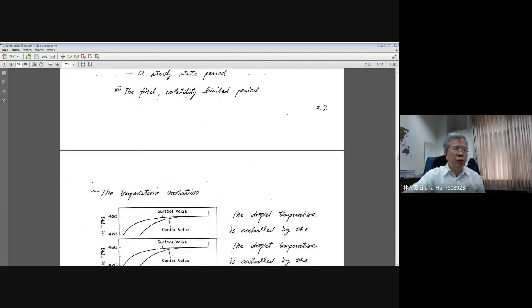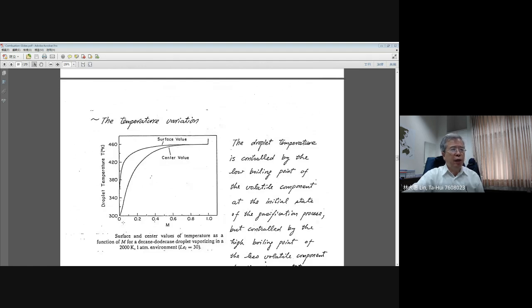But for the temperature, you will find initially the center temperature is low and the surface temperature is high, definitely, because you still need time to transport heat to heat up the whole droplet. For the temperature on the surface of the multi-component droplet and also inside the droplet, you will find initially they have a temperature difference, and the surface temperature initially is governed by the lower boiling point thicken.